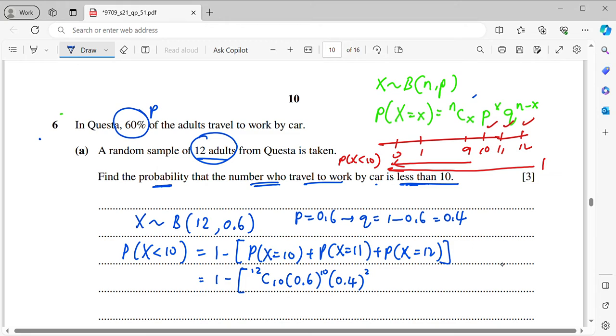Q is 1 minus P. Plus 12C11, 0.6 degree 11, 0.4 degree 1. And then plus 12C12. When 12C12, you can just ignore it because it will be same as 1. That means now you have 12 successes, which is 0.6 to the power of 12. Okay, I will just write here.